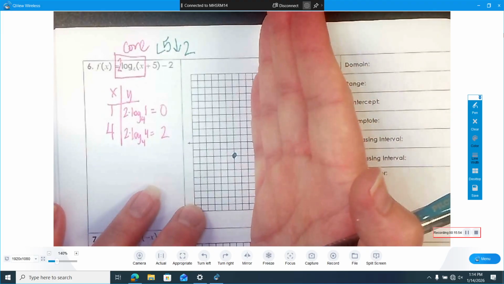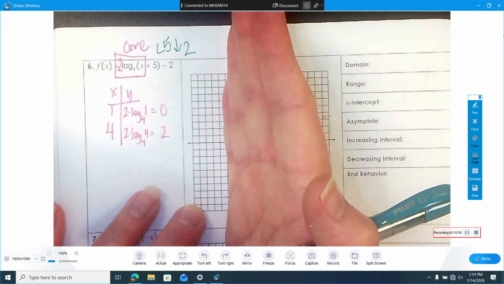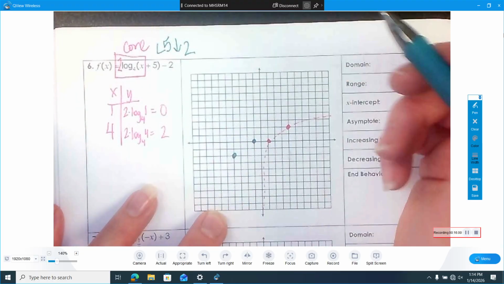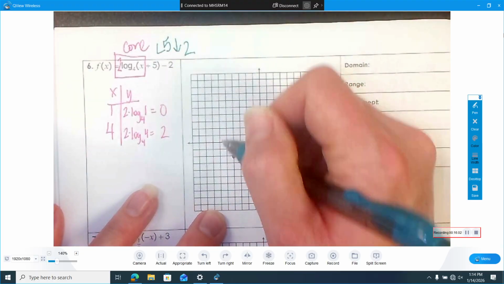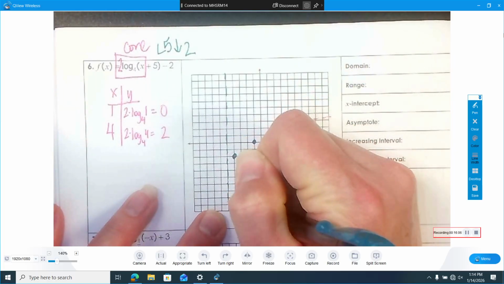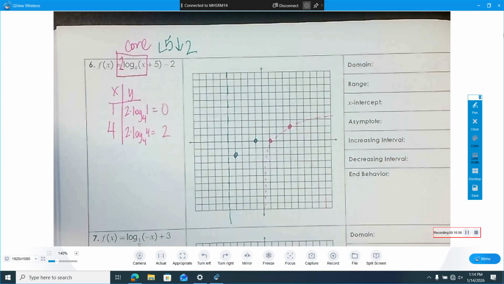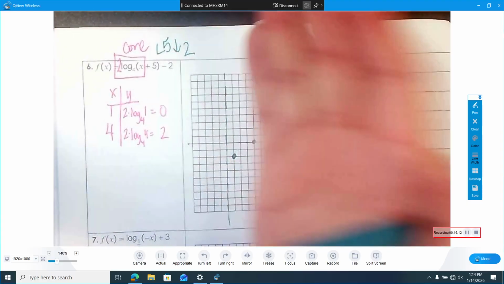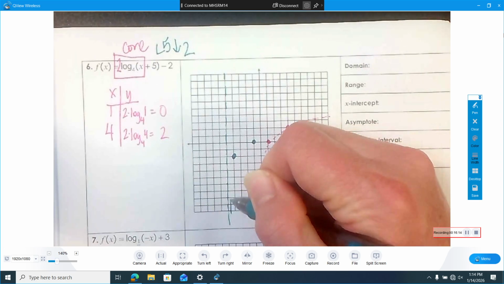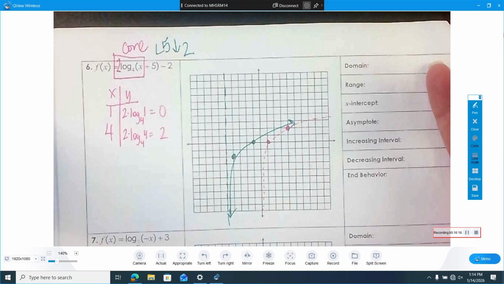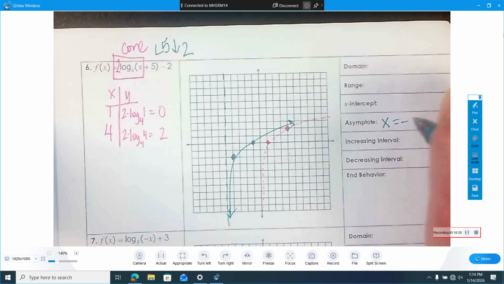So it moves left 5. 1, 2, 3, 4, 5. Because when we shift, our asymptote shifts as well. So if we shift left 5, that asymptote is going to move left as well. And then we can connect our nice little curve there. All right. So the asymptote is x equals -5.